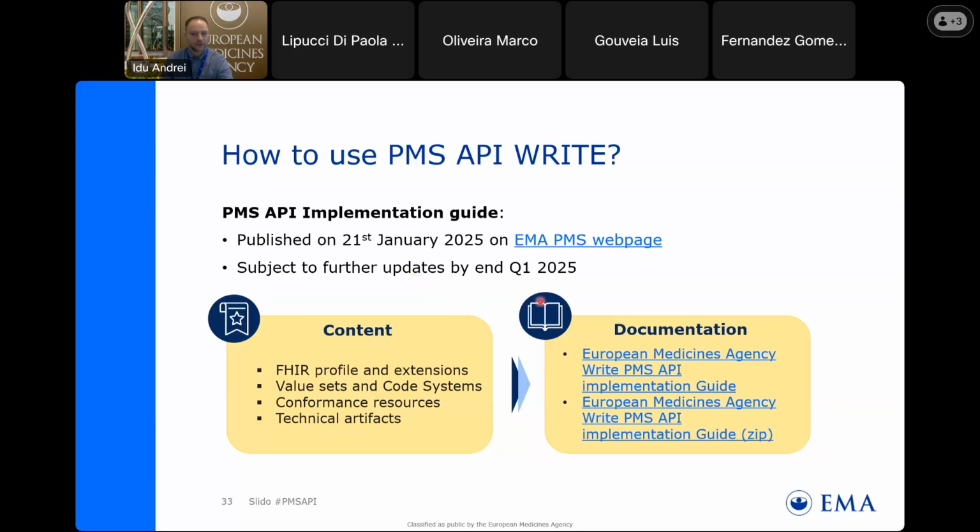What you will find in the implementation guide for the RIGHT API specifically, which is a FHIR specific type of implementation guide, are FHIR profiles and extensions, value sets, conformance resources, and other artifacts to help you understand how to implement that.